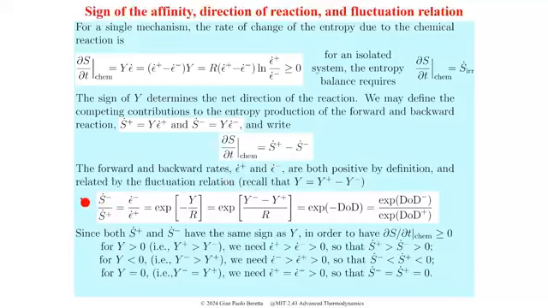In fact, by this definition, we see that S minus over S plus is also equal to the ratio of the forward, so it's essentially related to the degree of disequilibrium of the overall reaction, or you could also take it as the ratio of the exponentials of the degrees of disequilibrium of the half reactions.